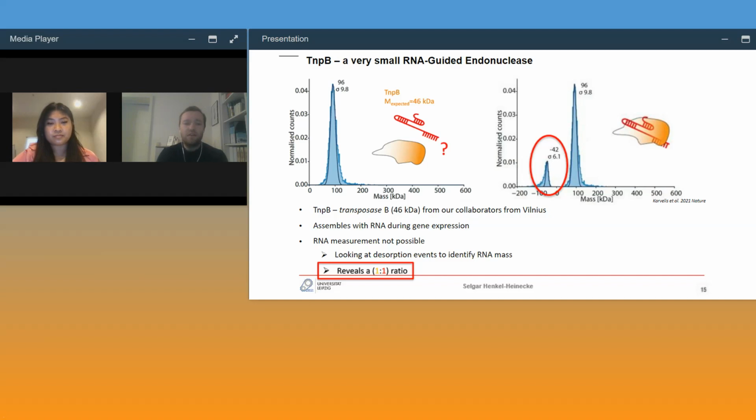Sometimes you don't know it, and this information was very, very important for my single molecule experiments, which I employed based on the information I obtained via mass photometry.